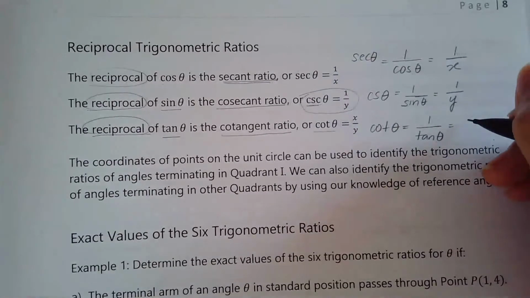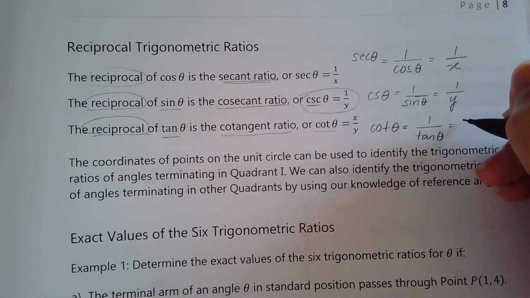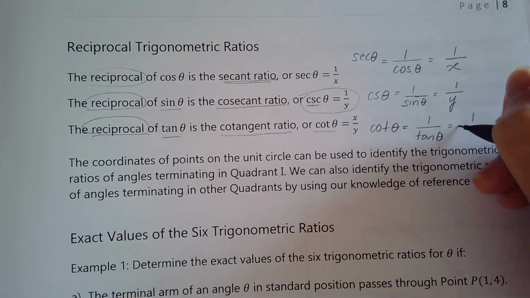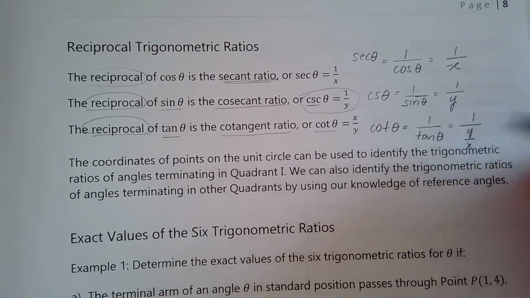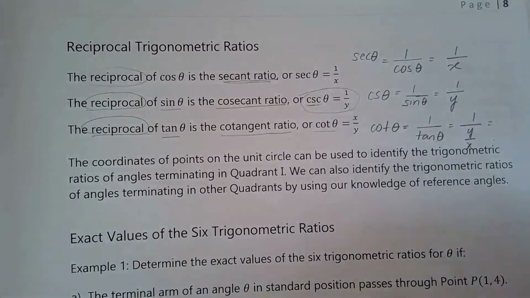Tan theta is y over x, so we are actually forming a complex fraction in here. But this can be simplified further. Instead of saying 1 over y over x, we can say it's x over y. And that's cos over sine.